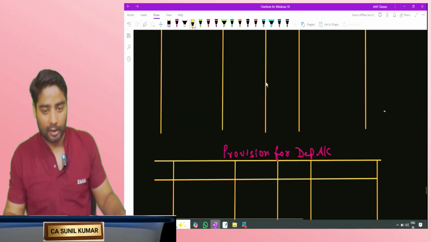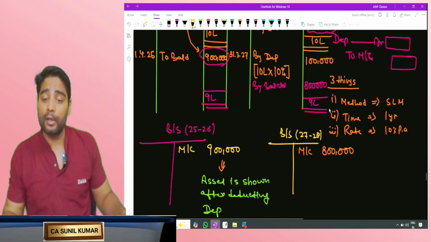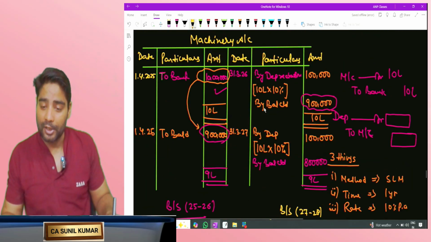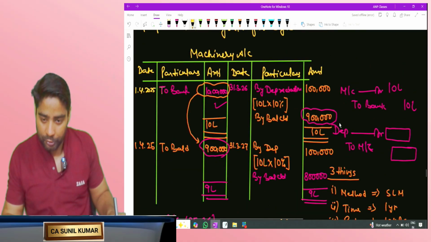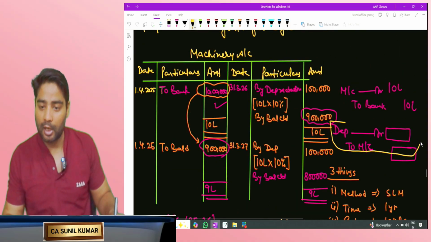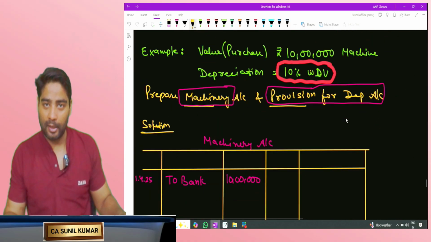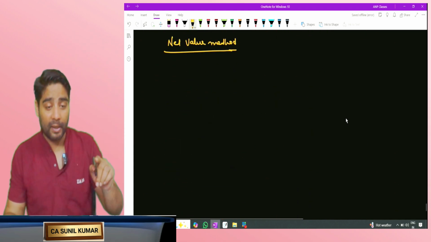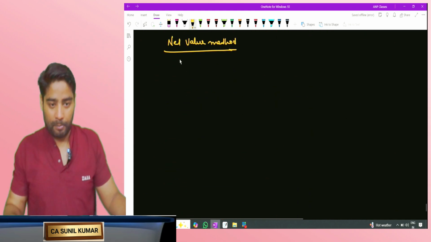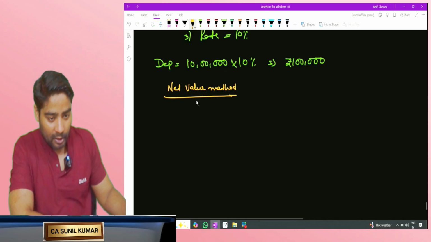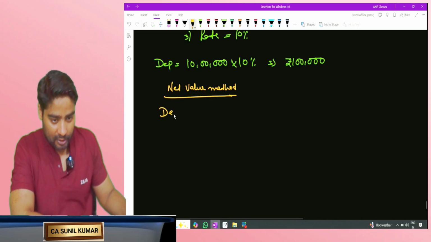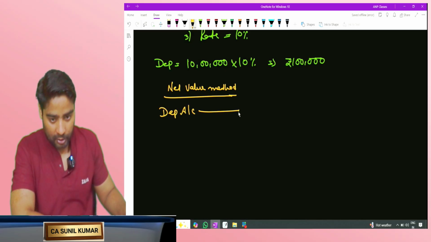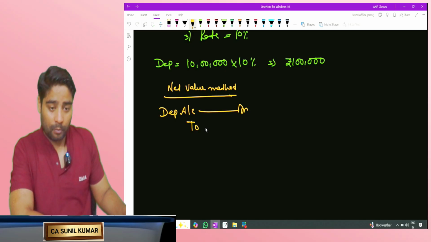What was the entry for charging depreciation? Sir, the entry for charging depreciation was depreciation account debit to bank. But in this method, the net value method, the entry is depreciation account debit to machinery.